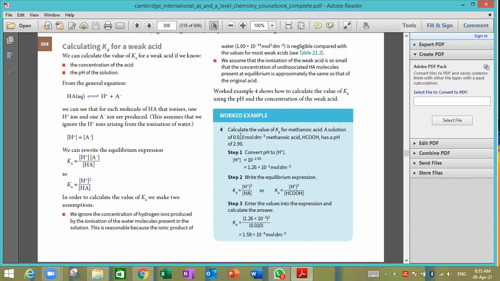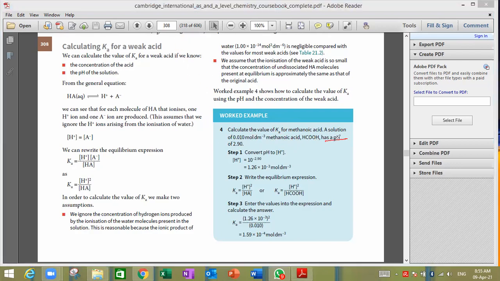So for example, here it says, calculate the value of Ka for methanoic acid, which of course is a weak acid, since even if you don't know, when he says calculate the Ka, it means that it's a weak acid. A solution of 0.01 mole per decimeter cubed methanoic acid has a pH of 2.9. Now, he gave us the pH value, and he wants the Ka.